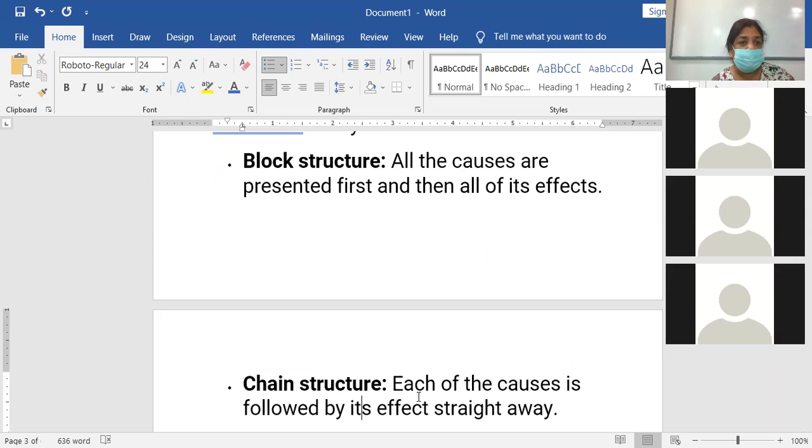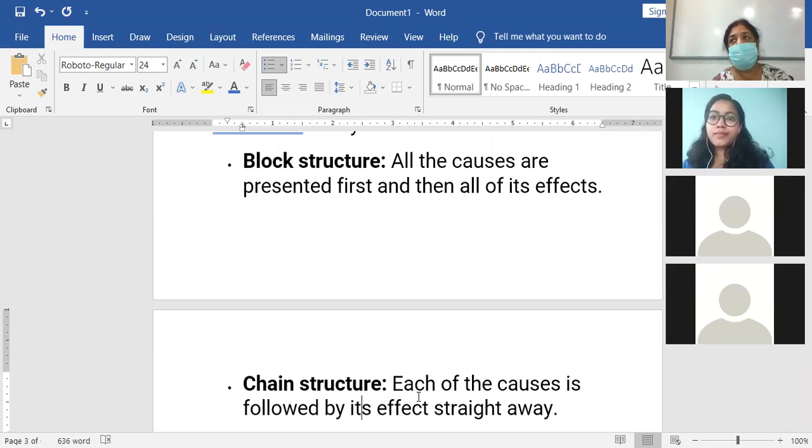All the causes are presented first and then all of its effects. Why did someone get coronavirus, Covid-19? All the causes: the person was without a mask, the person went out of his house.